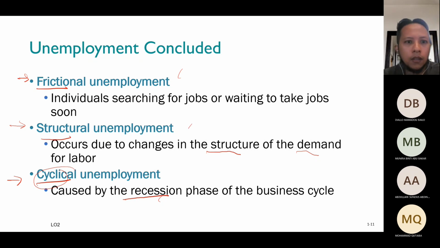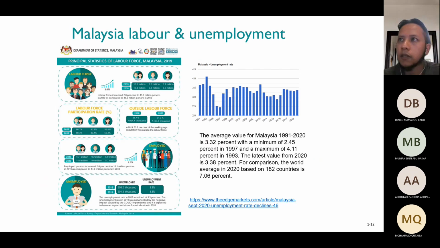Okay, you look at, yeah, so this is the figure. I forgot to update this, but anyway, in Malaysia we have the Department of Statistics that collect the figures in terms of unemployment and labor force. Basically, they would report the unemployment rate over quarters.